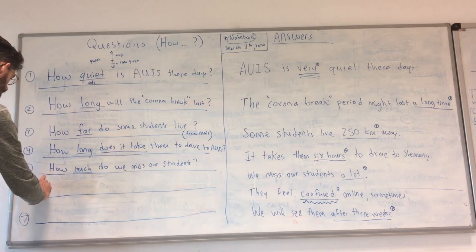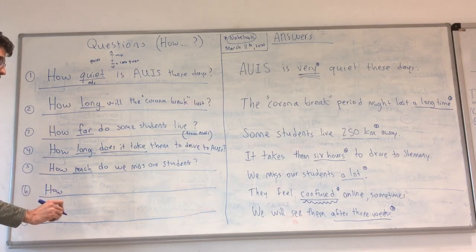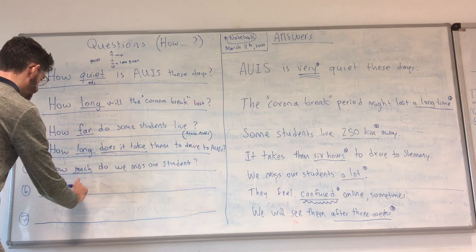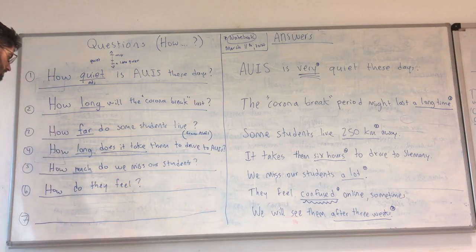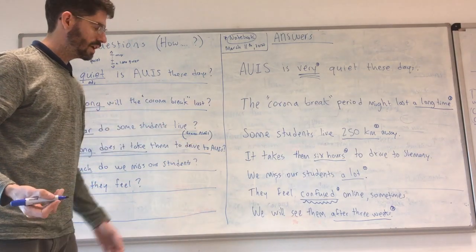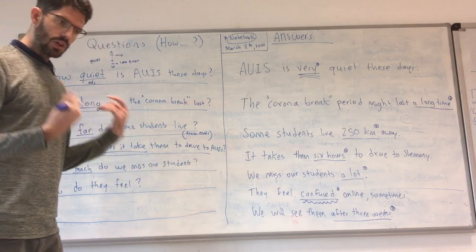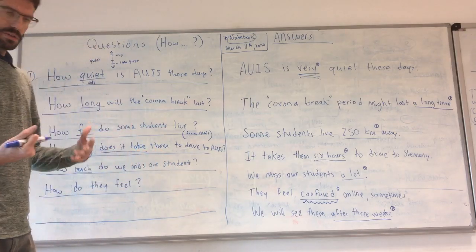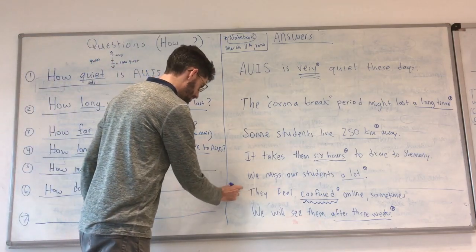So how do they feel? Okay, and then different answers. They feel confused, they feel confident, they feel good, they feel relaxed. Okay, so how do they feel? This is one possible answer.